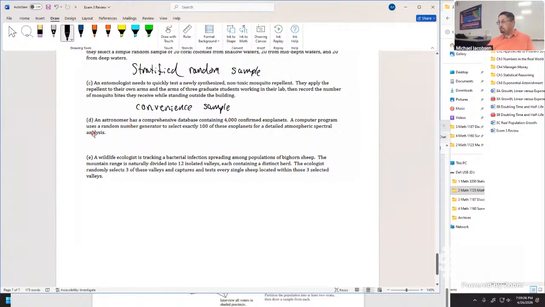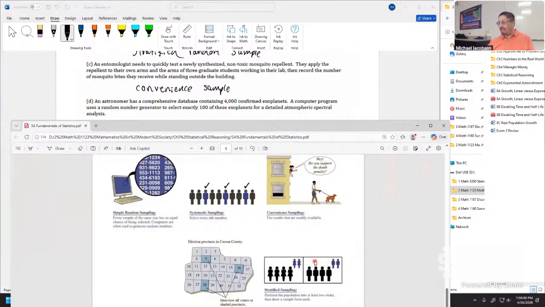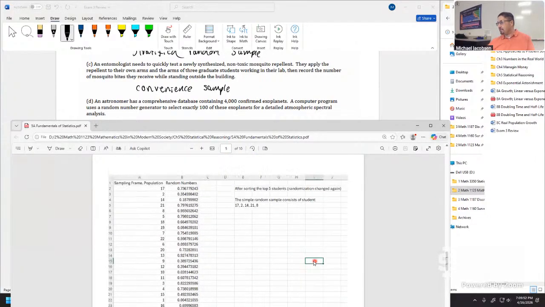Here, part D says an astronomer has a comprehensive database of 4,000 confirmed exoplanets. Kind of similar to our other exoplanet problem we were doing. A computer program uses a random number generator to select exactly 100 of these exoplanets for a detailed atmospheric spectral analysis. We've done something kind of like that before. We imagined we had a sampling frame of all the students in the class.